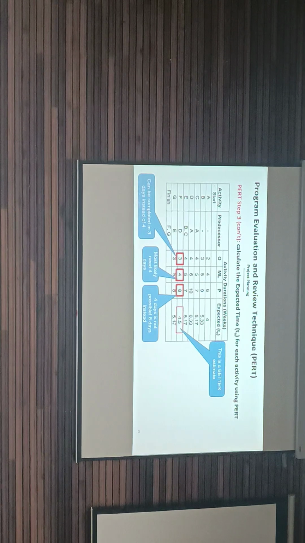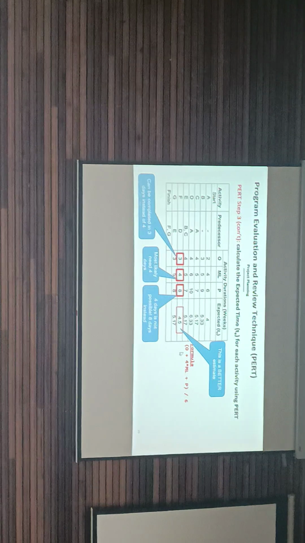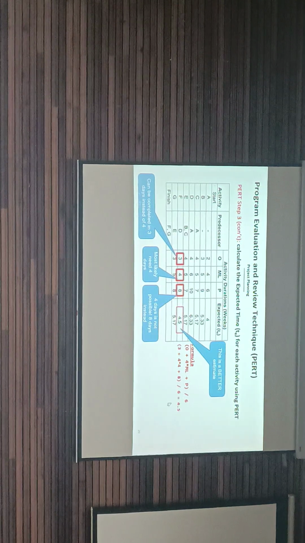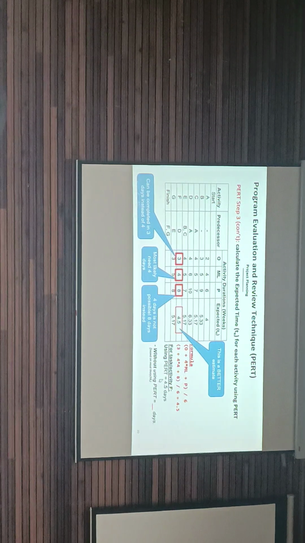Okay, and this is the better estimate. So this is determined by using this formula. Optimistic plus 4 ML plus pessimistic divided by 6. Okay, 4.5. Okay, so using PERT is 4.5 days.